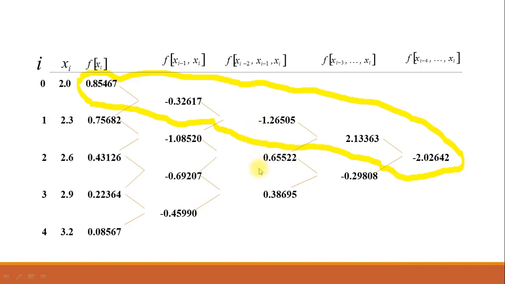For the second order differences column, subtract each consecutive number in this table and skip one number step by step.